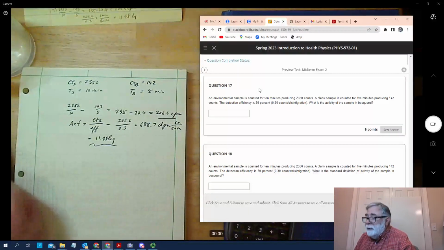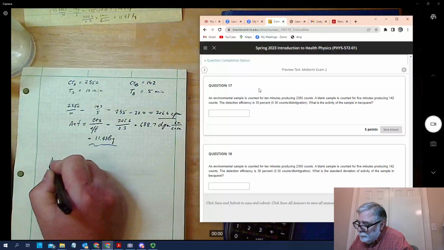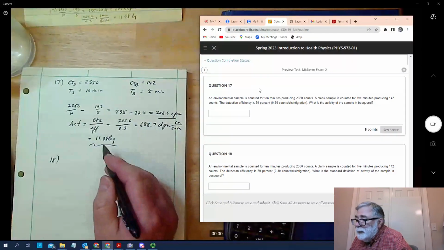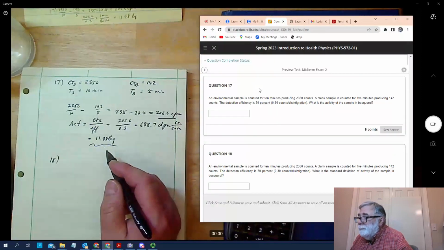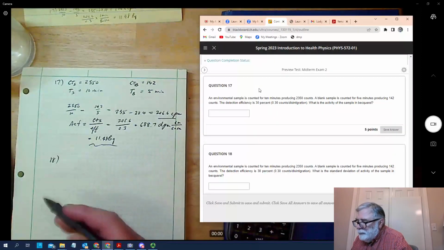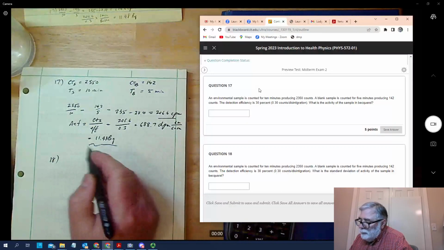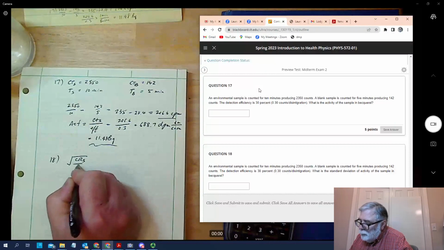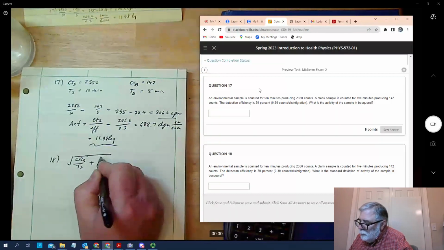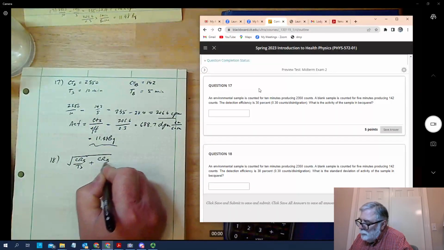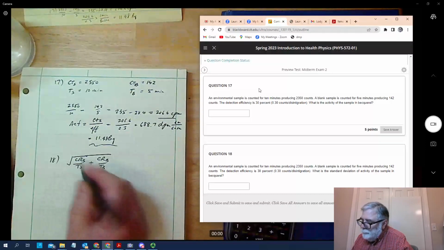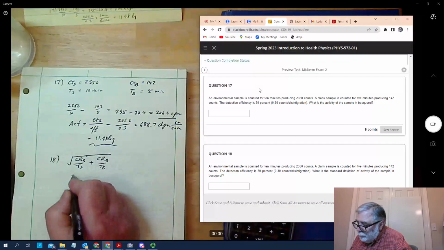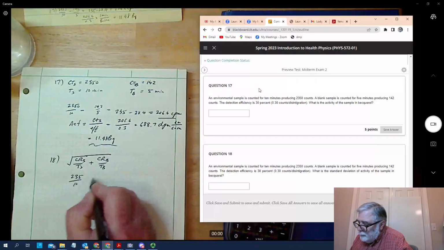That's the next one. And we have a calculation for number 18, the standard deviation. We take the count rate. The count was 235, the time was 10 minutes.